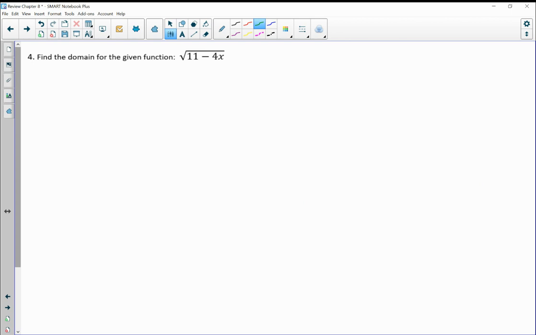Find the domain. Here we have a square root function, radical. Technically, this should say f of x equals root 11 minus 4x. There's a little typo there. My apologies.